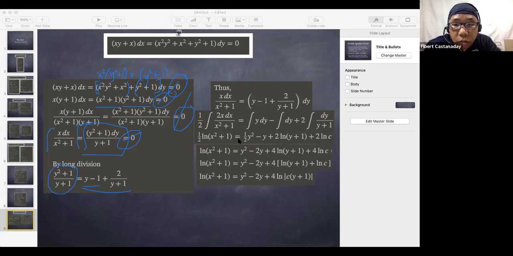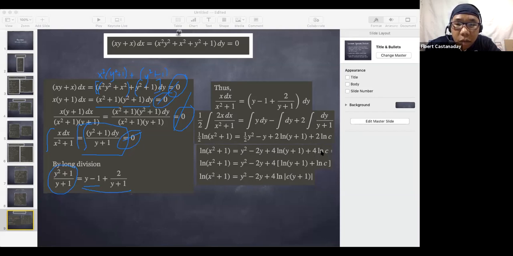Multiplying the entire equation by 2 will give us ln of x squared plus 1. And then here you have y squared, and here you have 2y plus, and then 2 times 2, you have 4 ln of y plus 1, and you have 4 ln c.